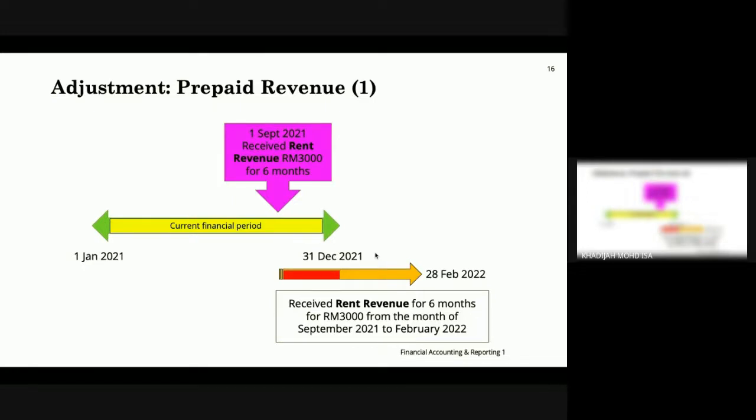So rental revenue is seen that you provide services of rental. Right, so now you receive rent revenue. So someone paid you in advance for the rental of a building, for example, for 3,000. Yeah, so you receive 3,000 ringgit now for the rental of the 6 months period.